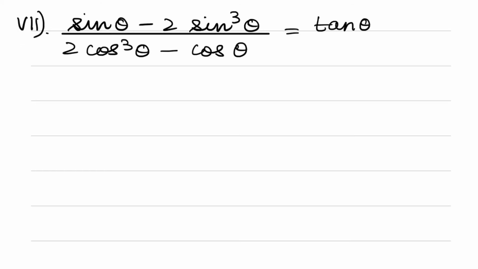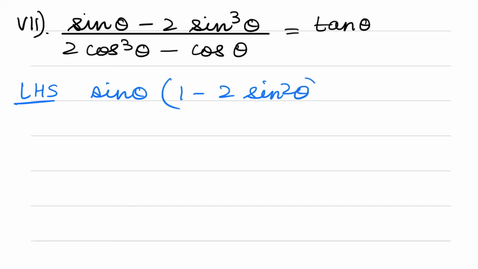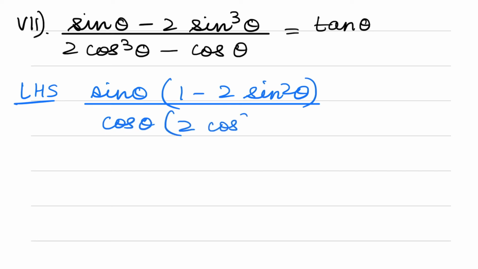Seventh part, which is sin theta minus 2 sin cube theta divided by 2 cos cube theta minus cos theta and equal to tan theta. So now we are going to work on our left hand side. So I can take sin theta common and I'll get 1 minus 2 sin square theta divided by, so here in denominator I can take cos theta common, so I will have 2 cos square theta minus 1.